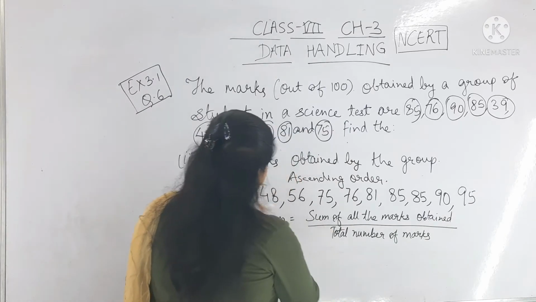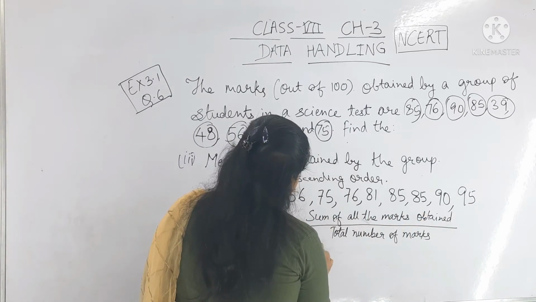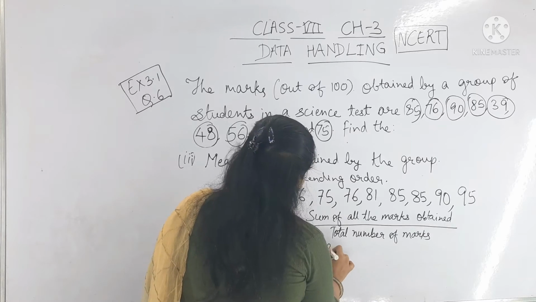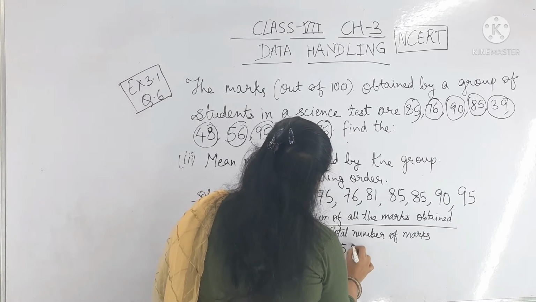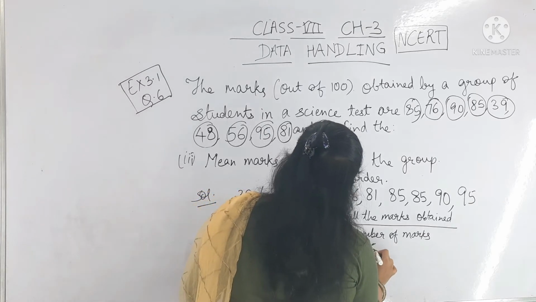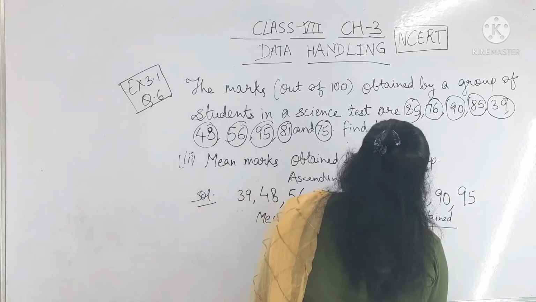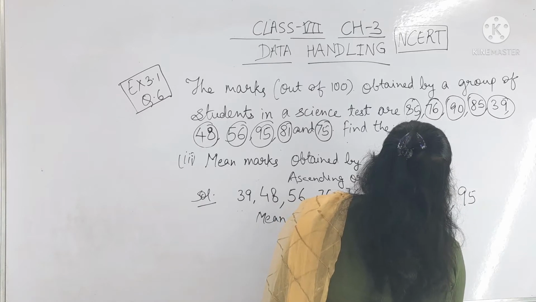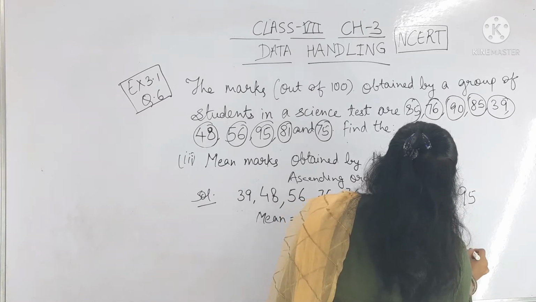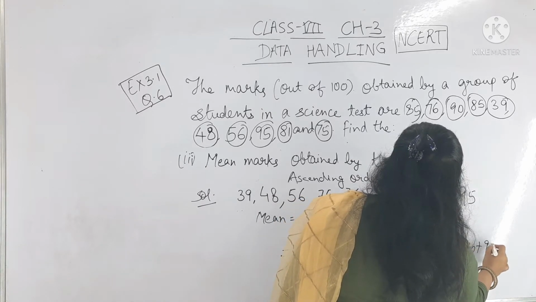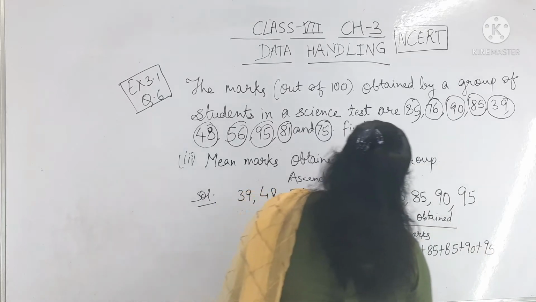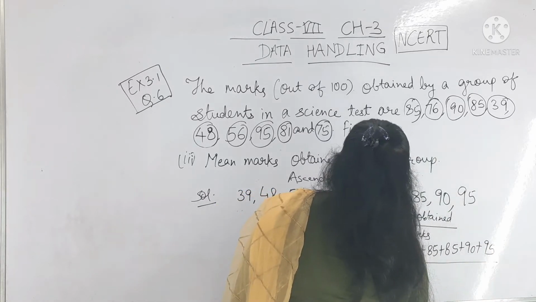And we have to sum all of these: 39 plus 48 plus 56 plus 75 plus 76 plus 81 plus 85 plus 85 plus 90 plus 95, divided by 10.